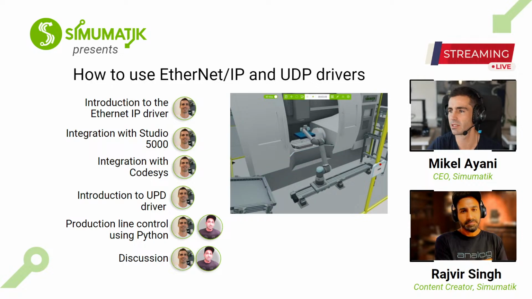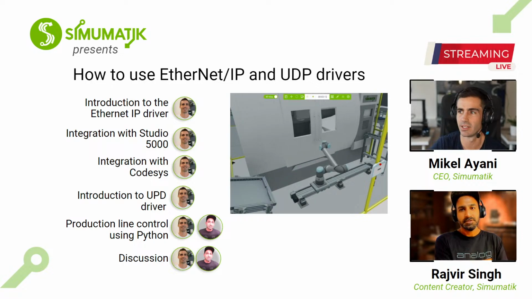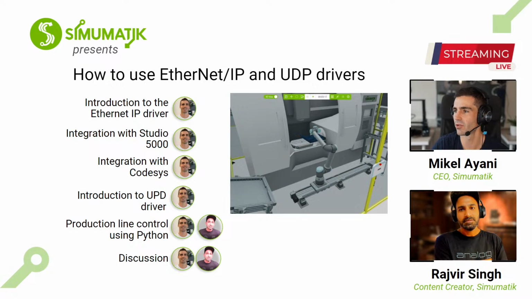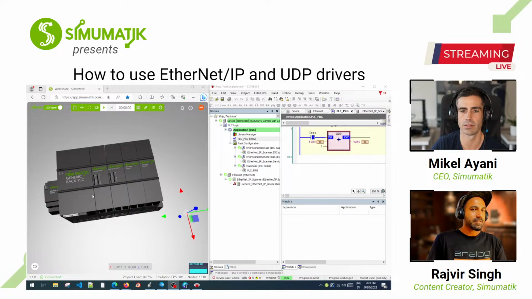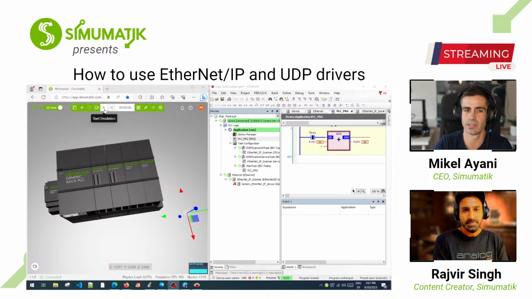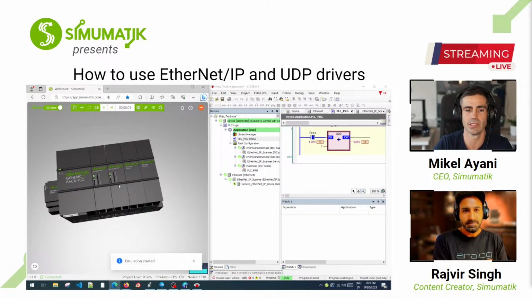Okay, so as a kind of introduction, we can show what we are going to be dealing with today. Regarding the EtherNet/IP driver, I will show a very simple system, but as we will see here, this driver is really quick. Now we see it connected to CODESYS.